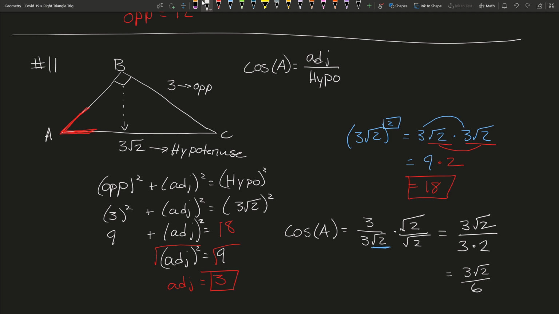And then we can simplify that 3 over 6. And then square root of 2 over 2 is our actual answer. Are there questions over this problem?